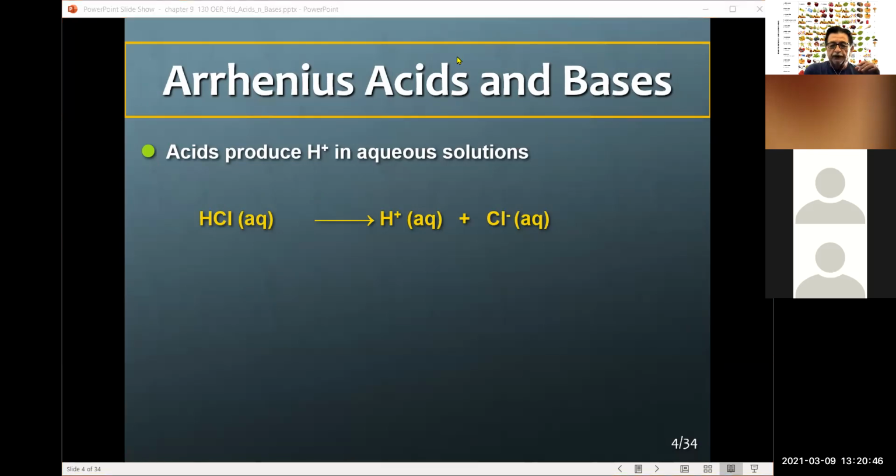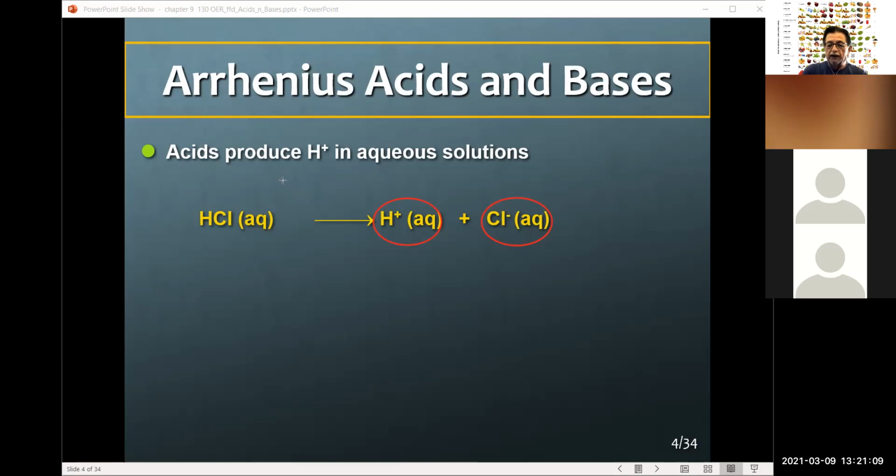When it breaks up, it forms the two ions. It forms the proton right here, which is the acid part, and then the corresponding anion, which is the chloride, okay? And the H plus, the proton, is what makes it acidic.